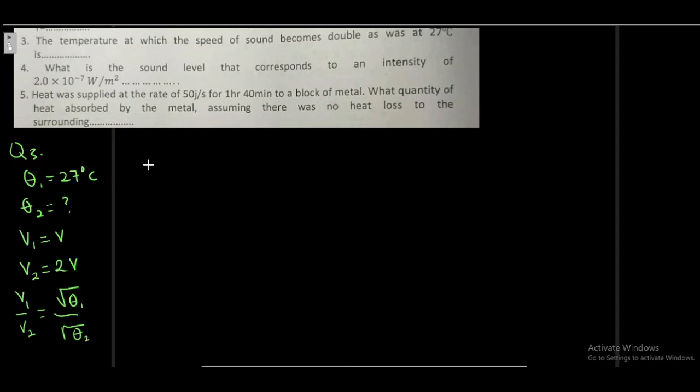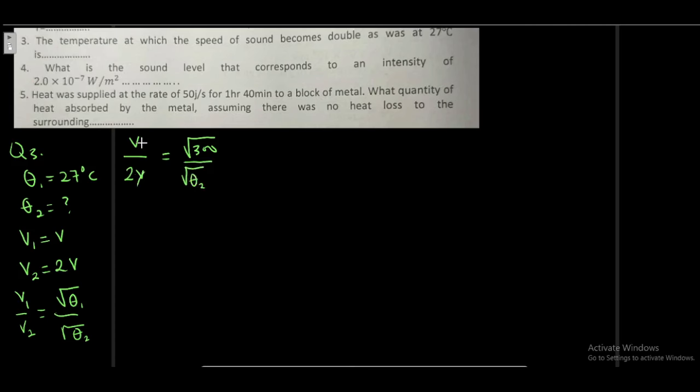Now v1 is v, so we're going to have v all over v2 is 2v equals square root of theta 1. Now please always ensure you convert your temperature to Kelvin. From 27 degrees Celsius, you can convert this to Kelvin. How do we convert? We simply add 273 and it becomes 300. So we have square root of 300 all over square root of theta 2.